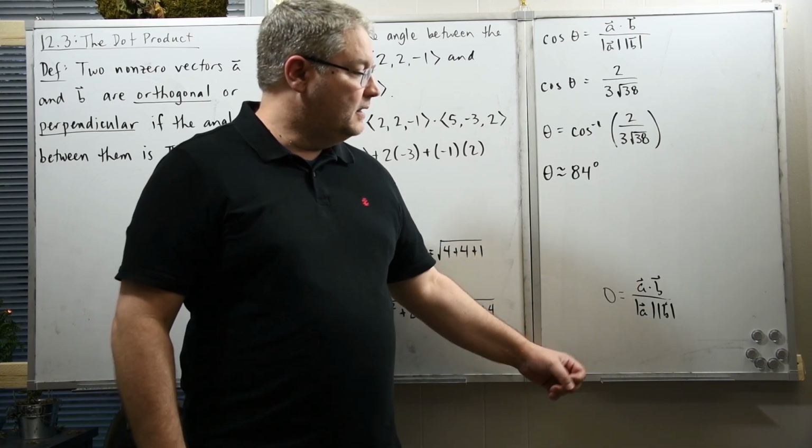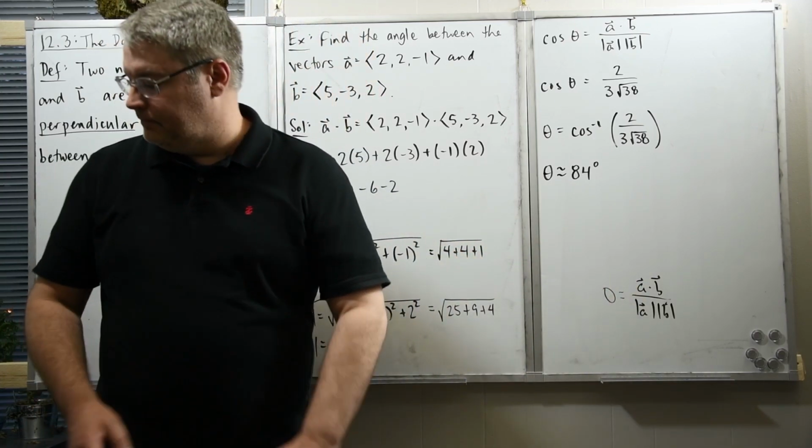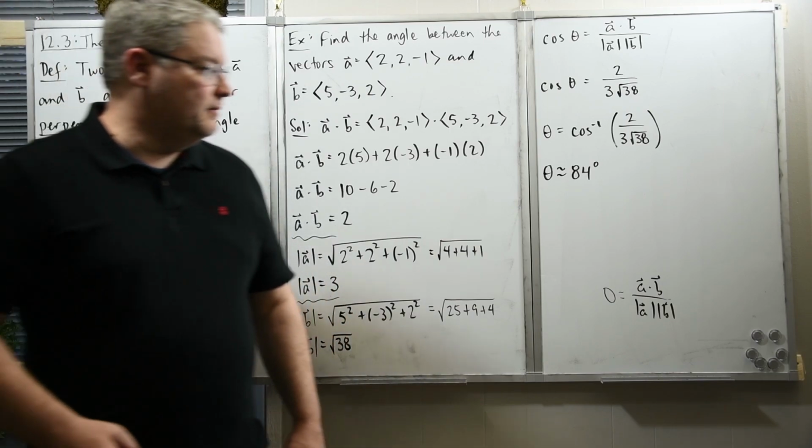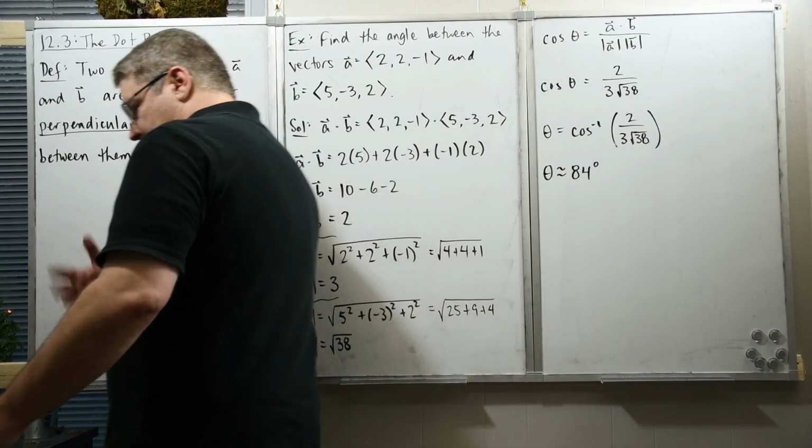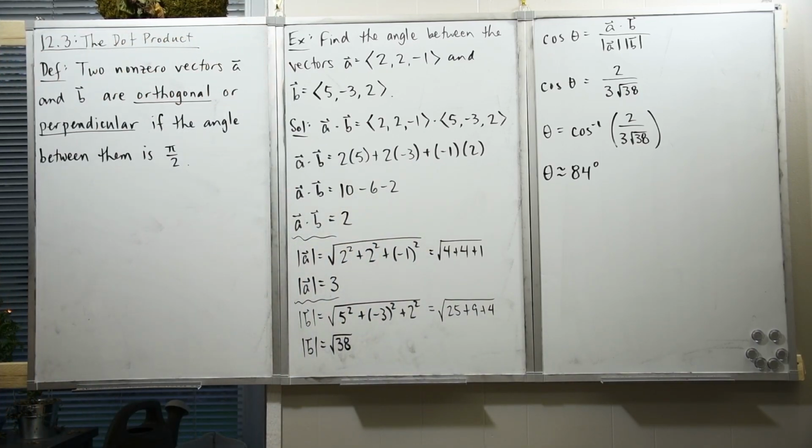So A dot B would have to be equal to 0. And so this is a quick way that we can figure out whether or not two non-zero vectors are perpendicular: take a look at their dot product and see if it's 0. And that leads us to the next theorem.